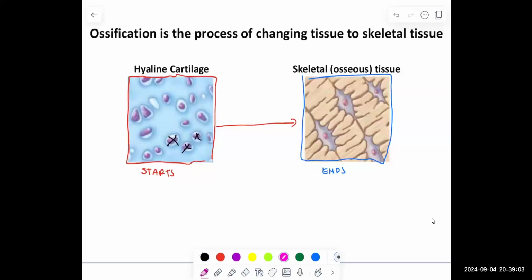The cartilage has to be replaced by bone. So you'll start to have one layer of bone, another layer of bone, another layer, and eventually the bone invades the hyaline cartilage and takes over.